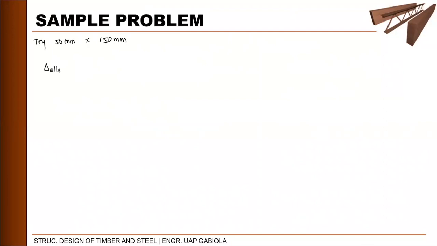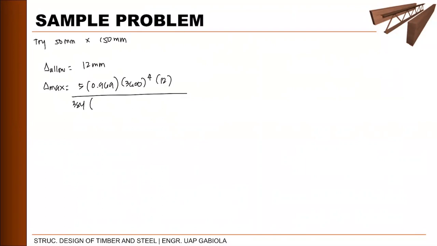Again, yung allowable natin as calculated is 12 mm. So yung ating max will be equals to 5 times 0.969 times 3,600 to the fourth times yung 12 na nasa ilalim all over 384 times 7.31 times 10 to the 3 times 50 times 150 cube.